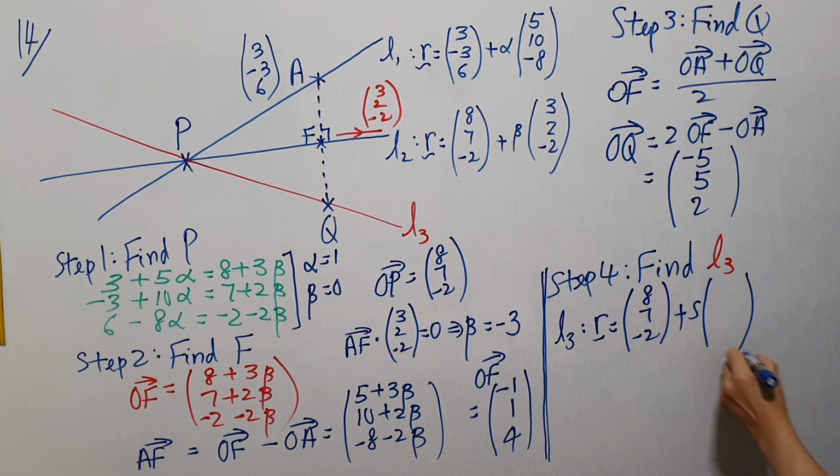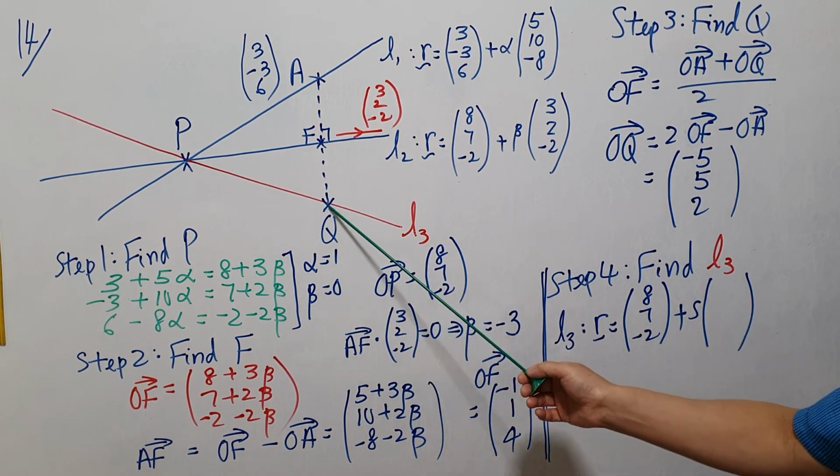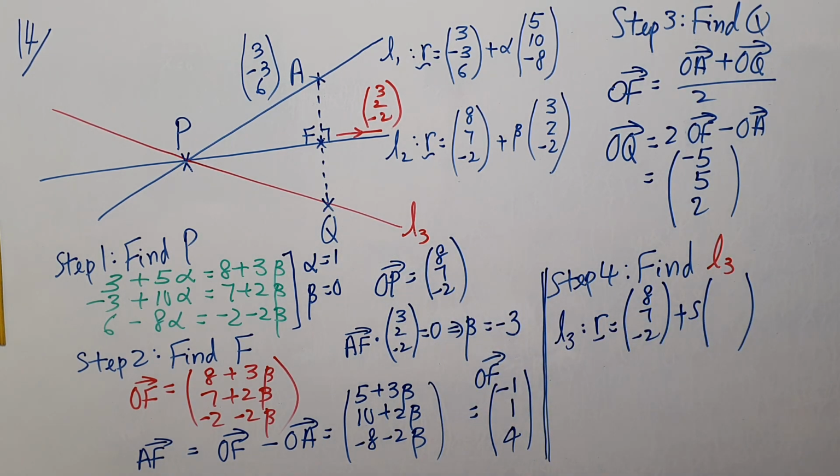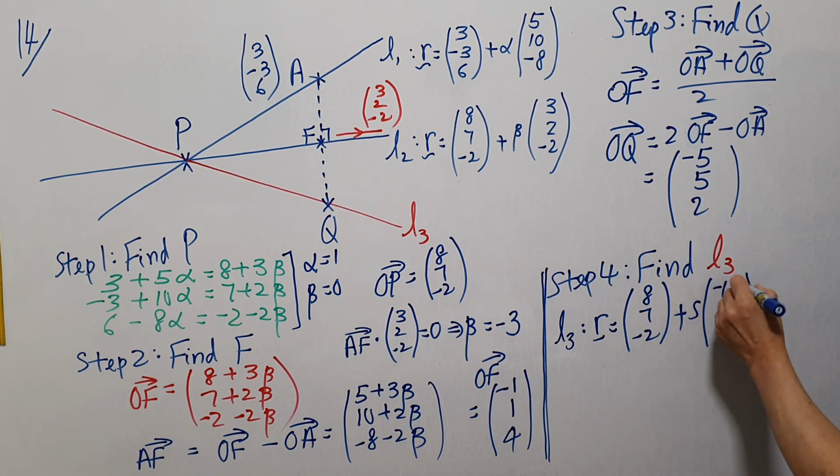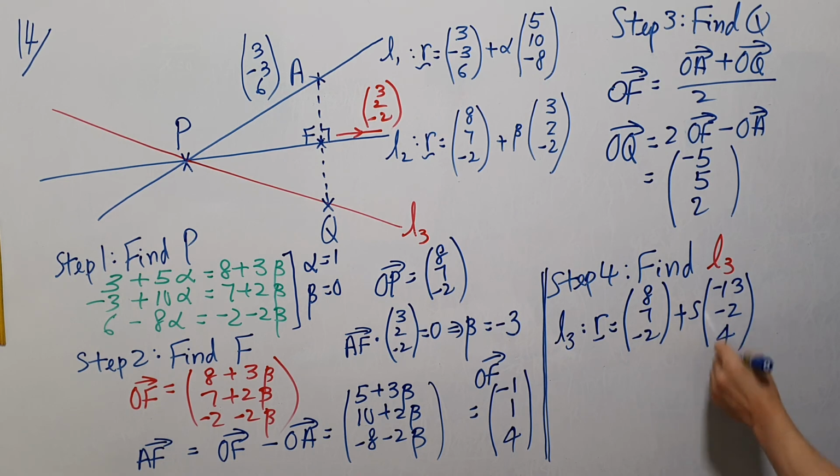To get the direction vector, I can take the vector PQ. You can also use QP, it doesn't matter. If you use the vector PQ, it will be OQ minus OP, which will be minus 13, minus 2, and then 4. So therefore, this is my equation of the line L3.